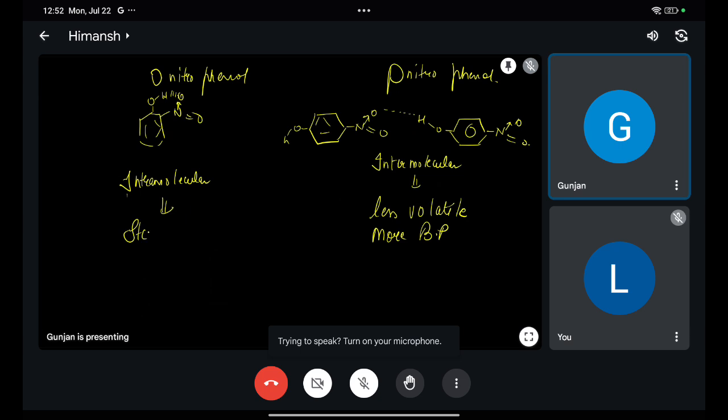Paranitrophenol, with intermolecular bonding, is less volatile with higher boiling point.